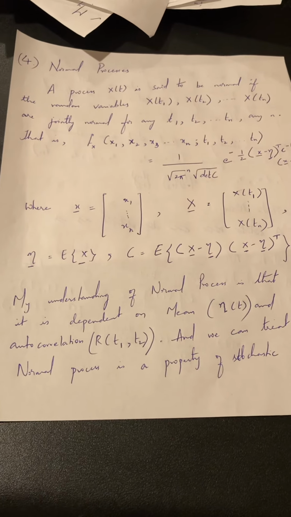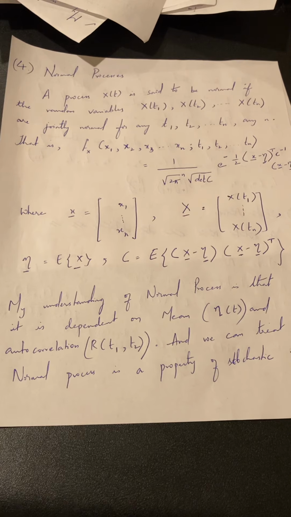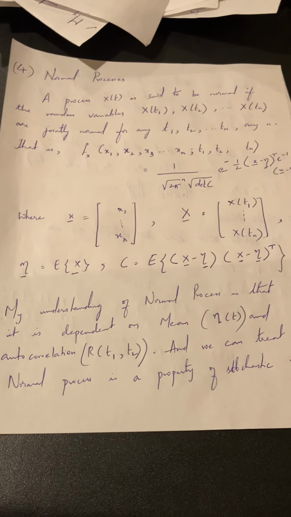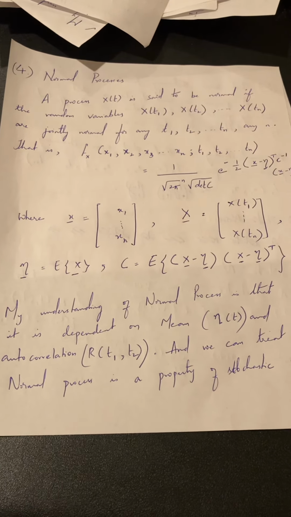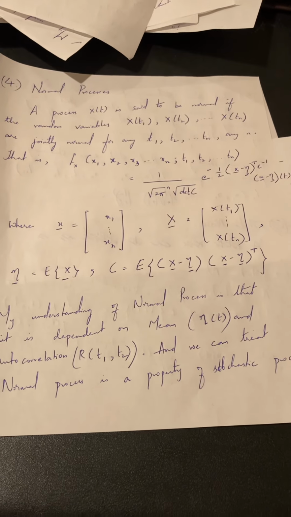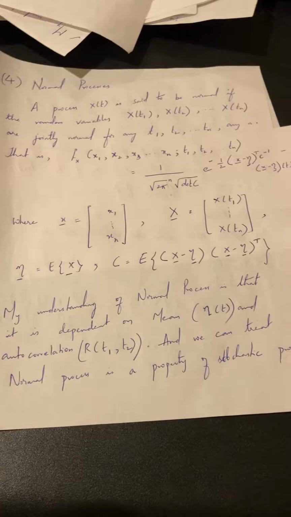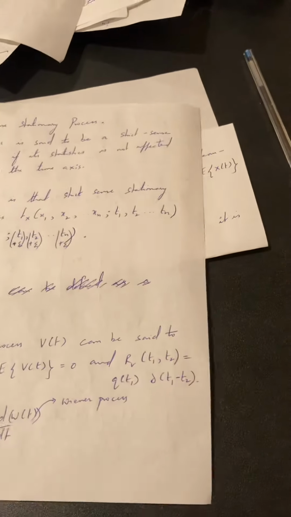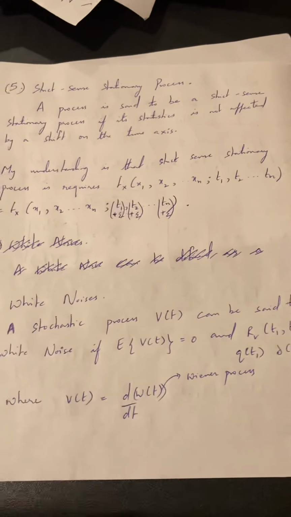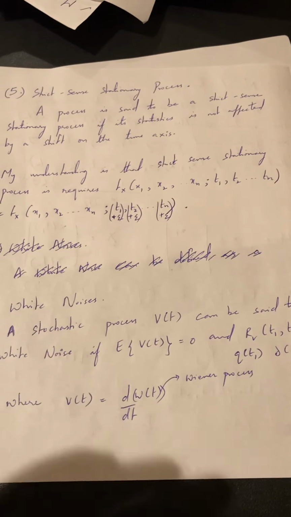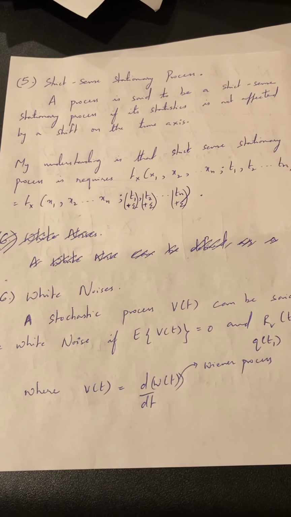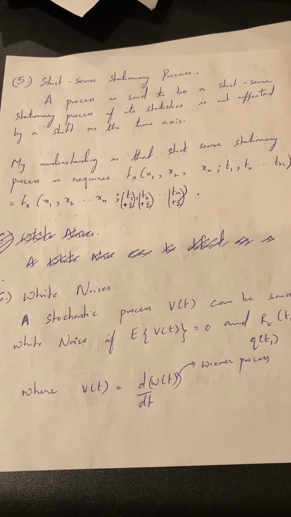By normal process, we basically mean that it is a very broad process, and it can also be said to be a property of stochastic process as a whole. So this is what I've understood from normal process.